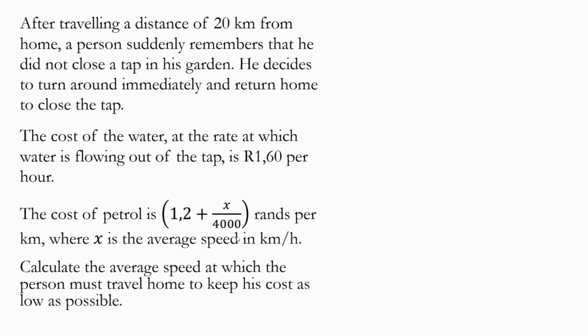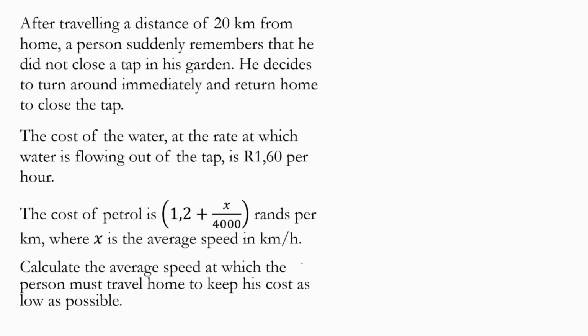The cost of petrol is 1,2 plus x over 4,000 rands per kilometer, where x is the average speed in kilometers per hour. Calculate the average speed at which the person must travel home to keep his cost as low as possible.